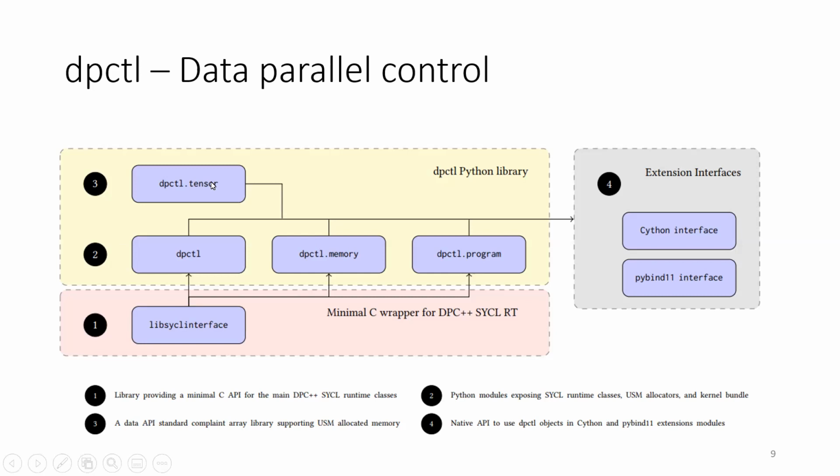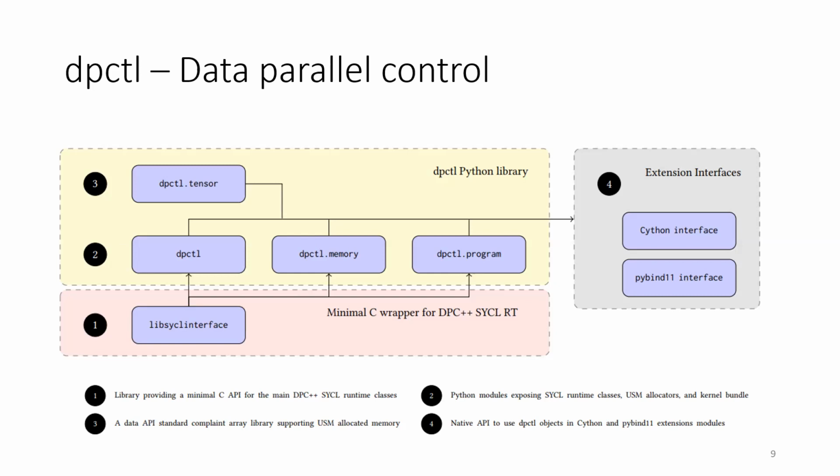We'll go into much more detail on Dpctl in the upcoming slides, but the main features it provides are, as I mentioned, Python wrapper classes specific to how you interact with your hardware, like the platform, the devices, the device selectors, and how you create a queue.